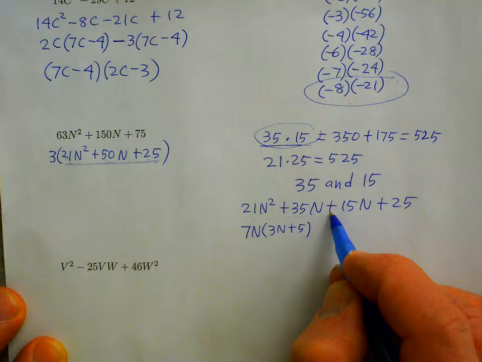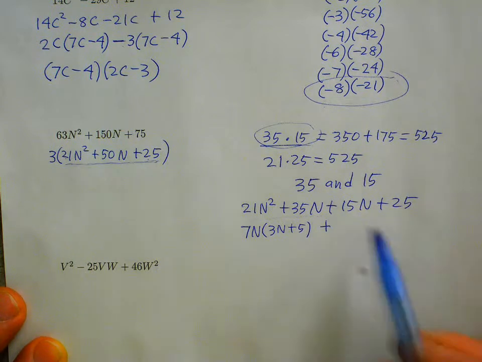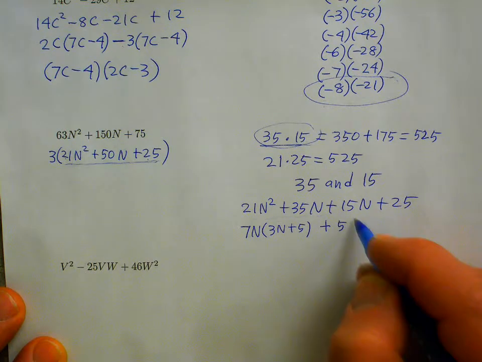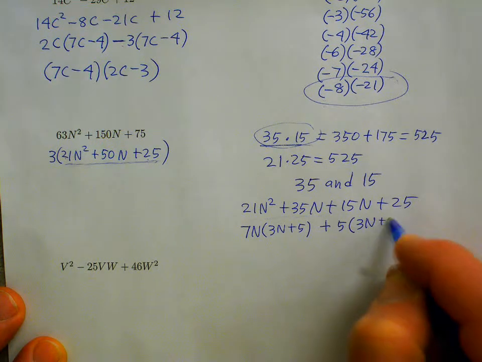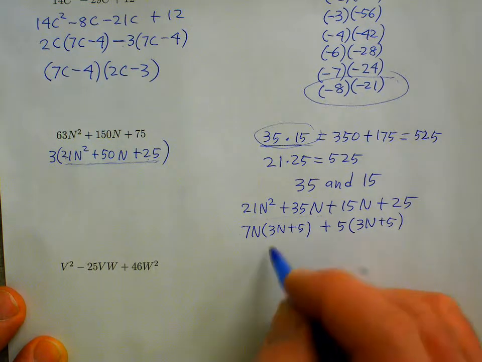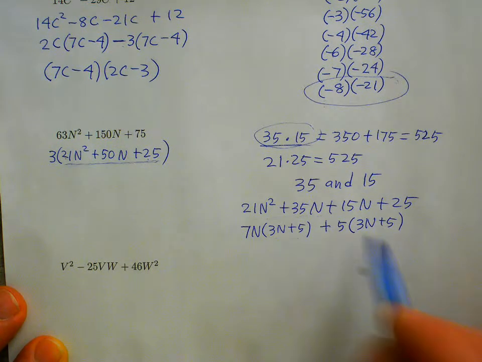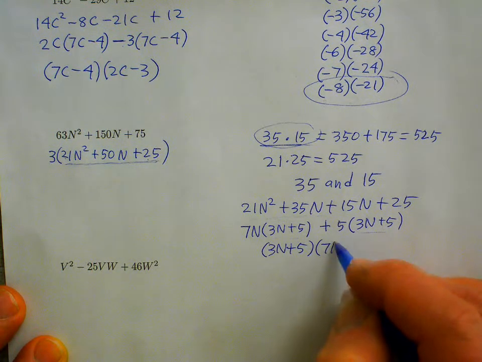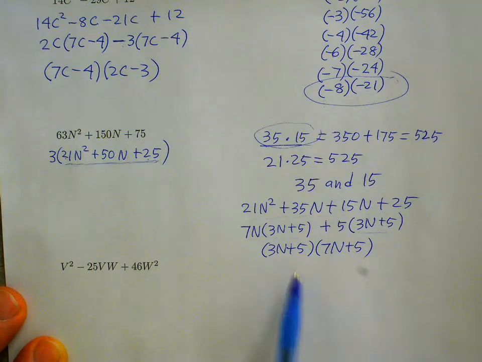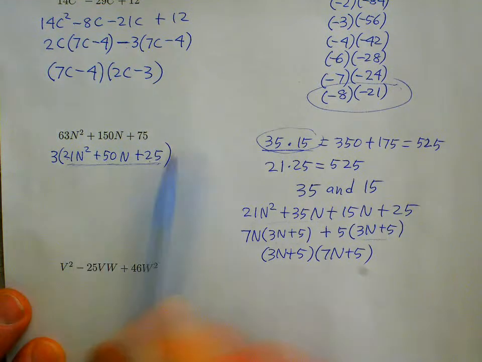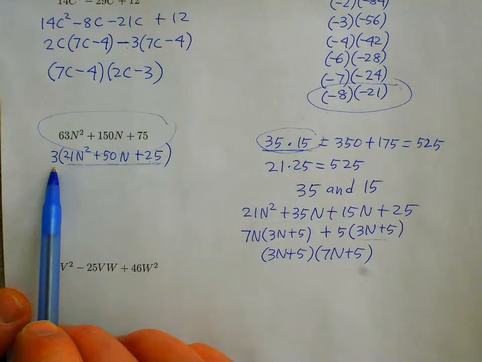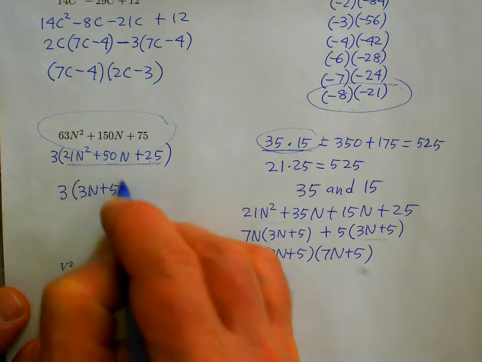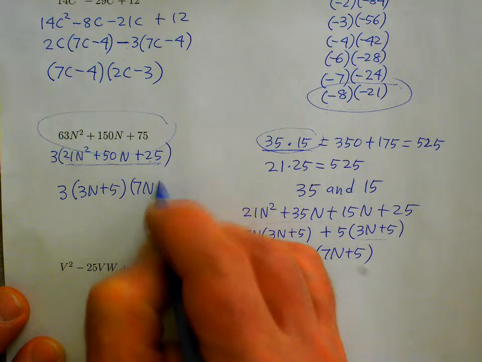Bring down the middle operator of addition. Out of the third and fourth terms, we can factor out 5. And then 3n plus 5. And then the binomials match, 3n plus 5. So 3n plus 5 times 7n plus 5. Then the complete factorization of the original polynomial has to include the factor 3. So we have 3 times 3n plus 5 times 7n plus 5.